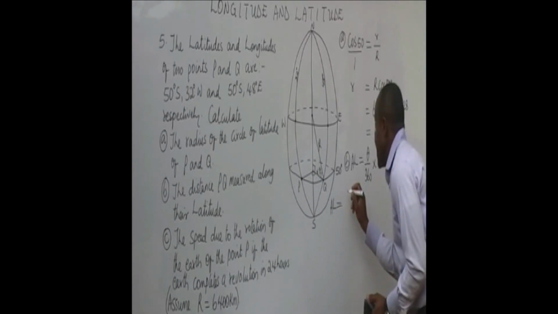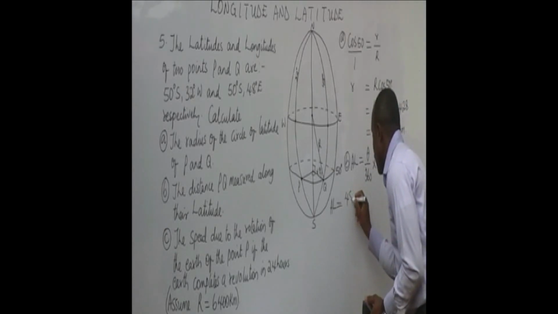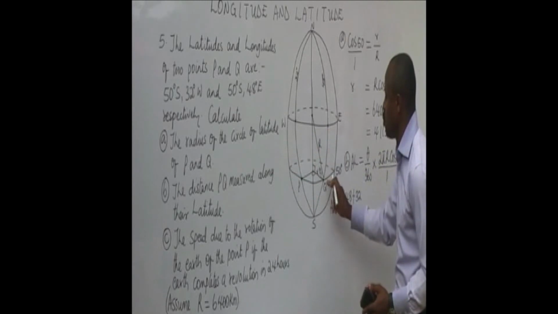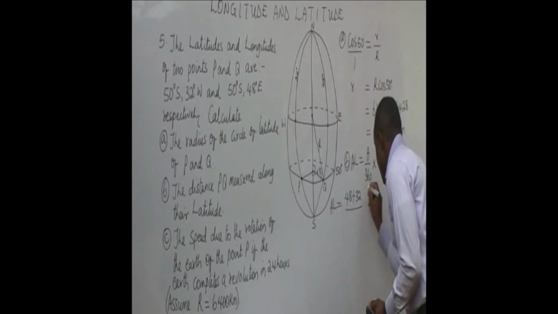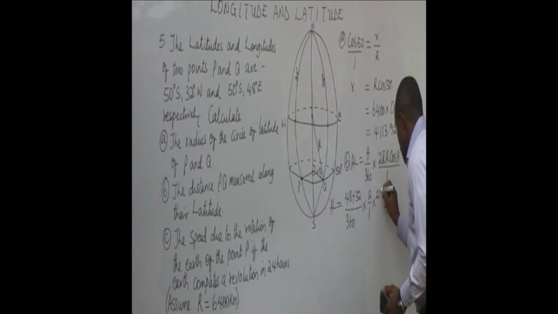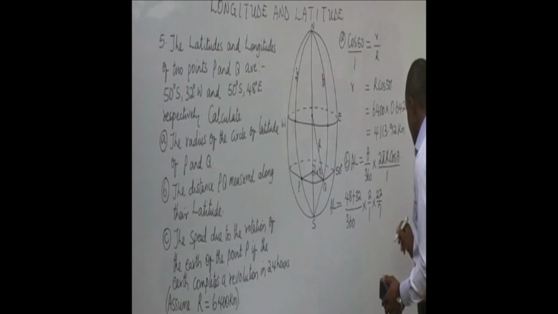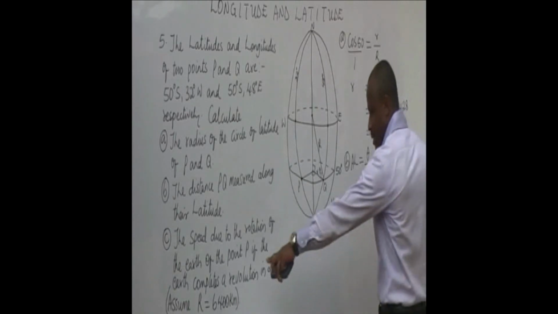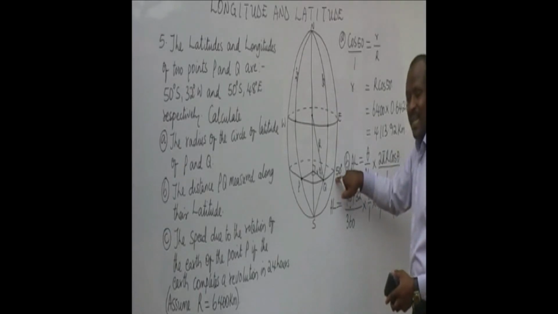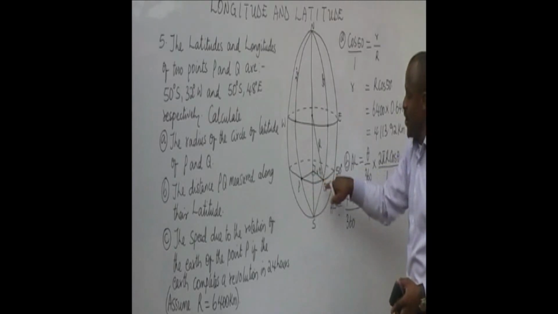The theta is 80, that means 48 plus 32, the lines of longitude of the 2 points P and Q, now divided by 360, times 2 over 1, times 22 over 7, that is pi, times our R, 6,400 over 1, times cosine 50, the angle of the latitude where P and Q lie.